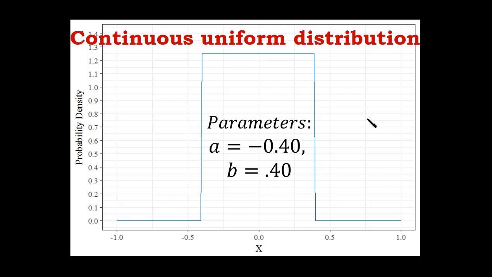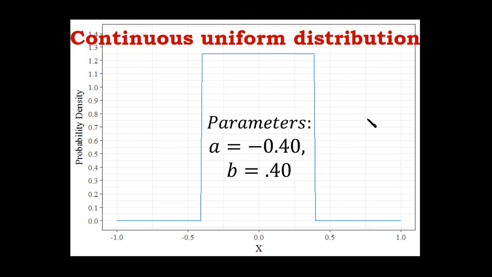What's the probability mass on that interval? It's 1, because the total probability is within that interval. Beyond that interval, values higher than 0.4 and lower than negative 0.4 have a probability of 0. So the probability is 1.